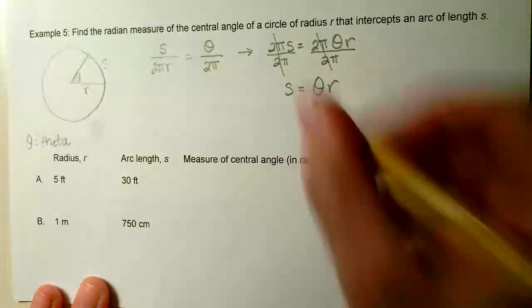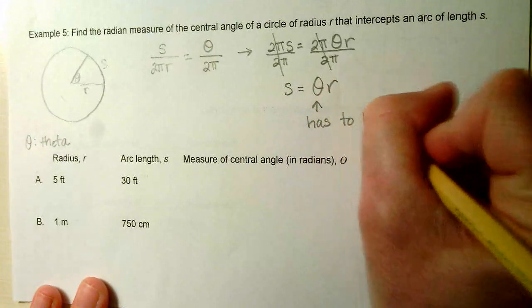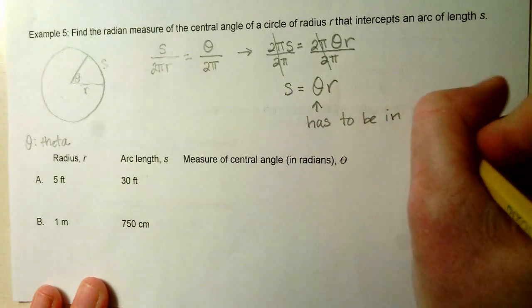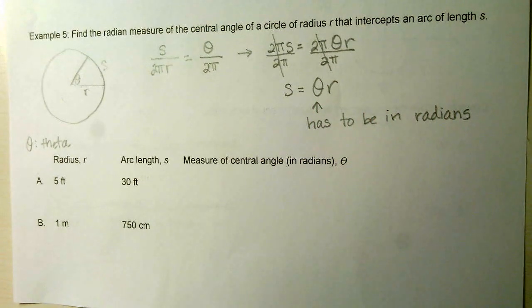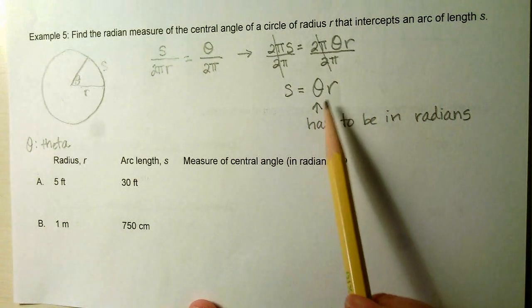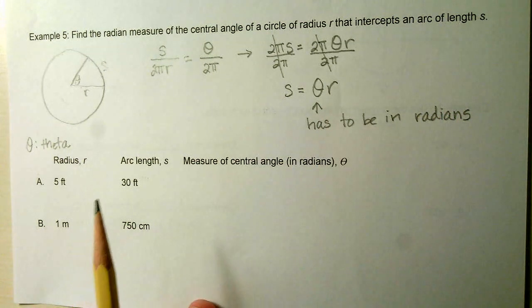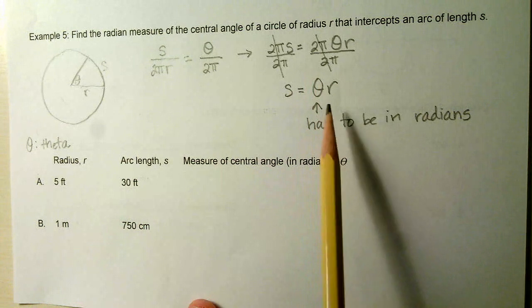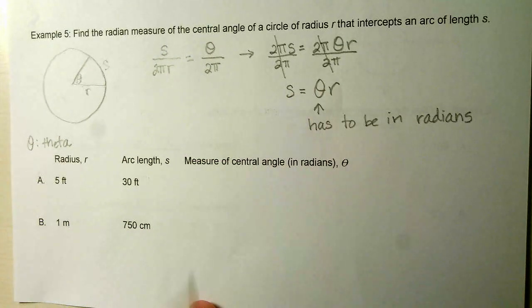Theta, when you use this formula, has to be in radians. So if you have theta in degrees, you have to convert it to radians, which we found out how to do above. You can only substitute in radian angle measures for theta.